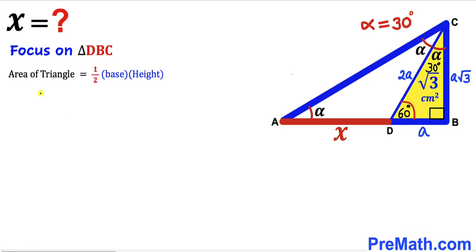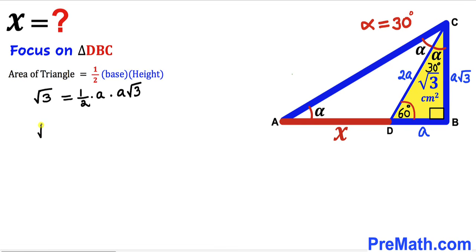Let's go ahead and fill in the blanks in this formula. So the area, which has been given to us as square root of 3, is going to be equal to a half times our base, which is a, times the height, which is a times the square root of 3. Let's simplify.